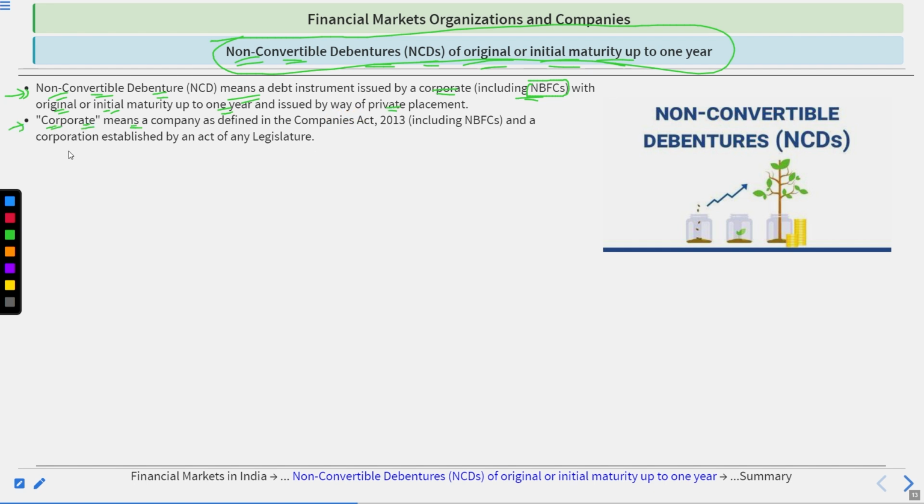Corporate means a company defined under the Companies Act 2013, including non-banking financial companies (NBFCs), and a corporation established by an act of any legislature in the country. Then only it could be termed as a corporate.